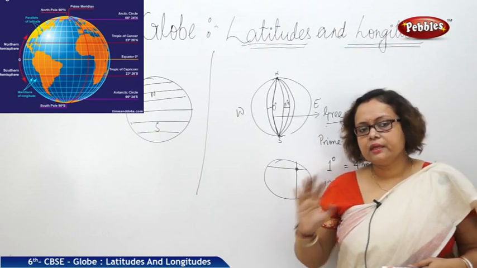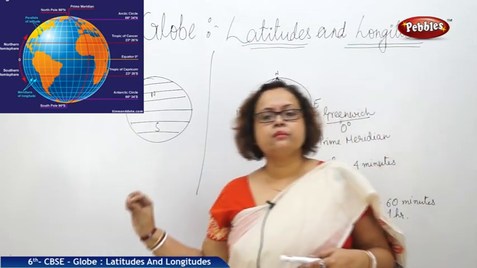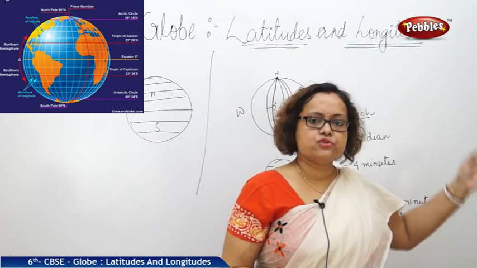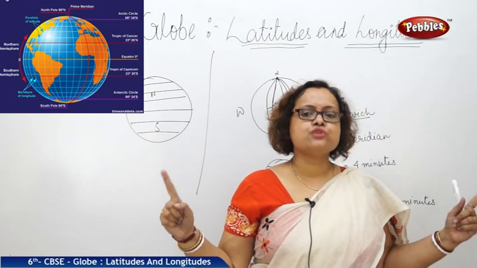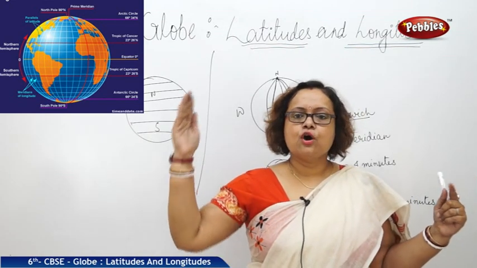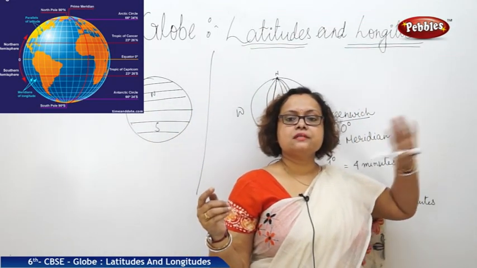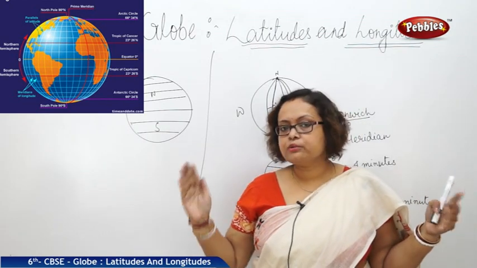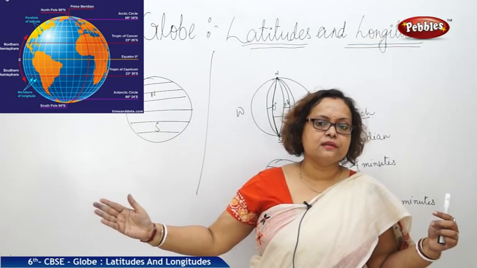What is standard time? In India, if someone is staying in Arunachal Pradesh and his friend is in Ahmedabad, Gujarat, they will have a huge time difference because of the longitudes. The longitude passing through Arunachal Pradesh is the easternmost of India, and the longitude passing through Gujarat is the westernmost of India.